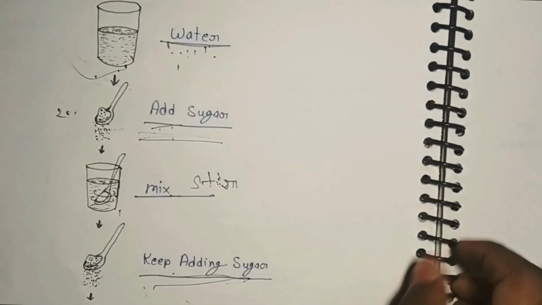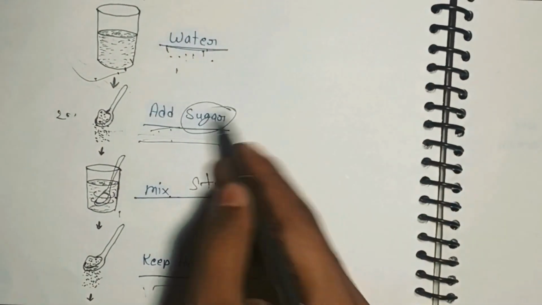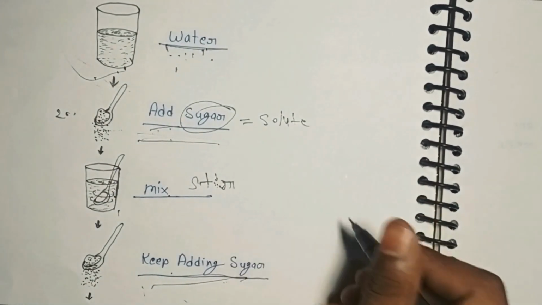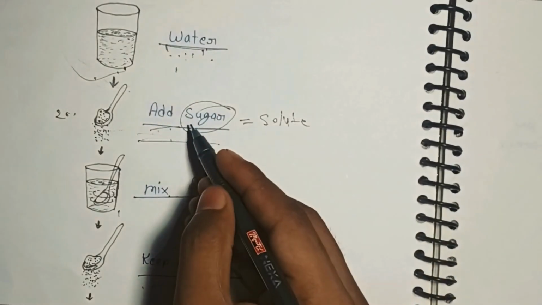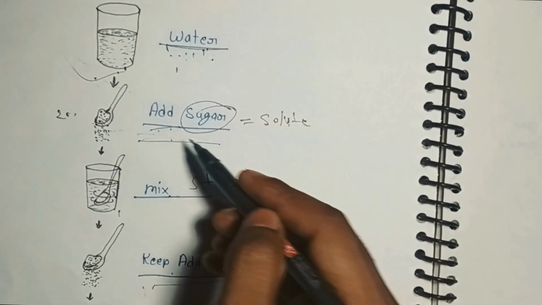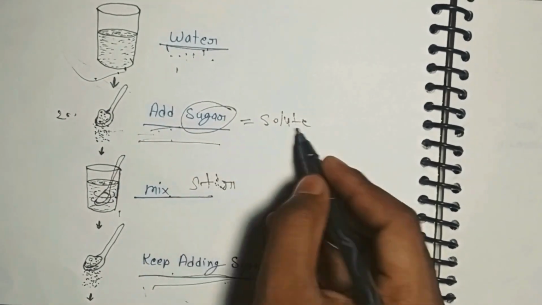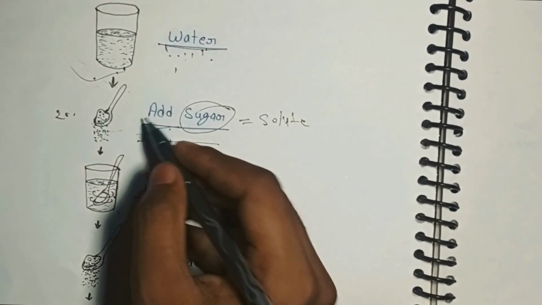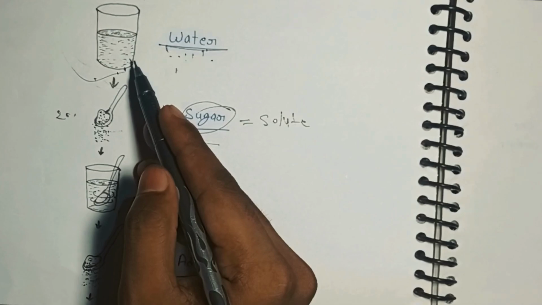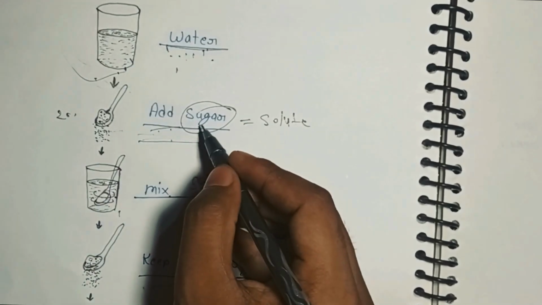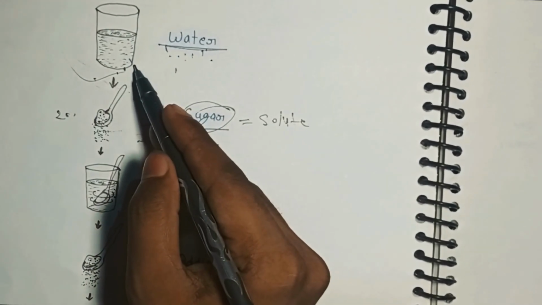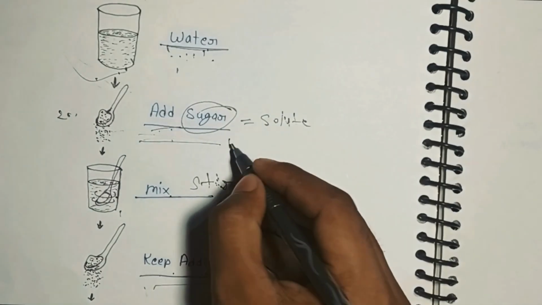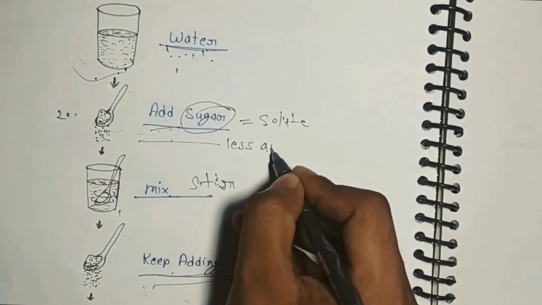Here the sugar is the solute. The sugar is dissolved in water, which is the solvent. The sugar is added into the solvent, and the solute is in less amount.